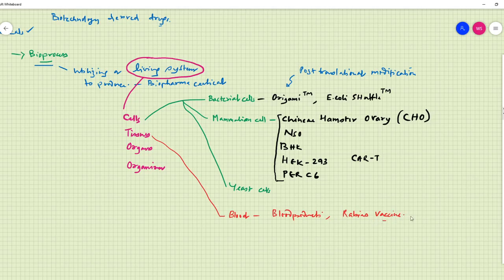Okay, that's produced in a horse. So again, the blood would contain the antibody, and it would be separated from the horse's blood. So yes, blood is a tissue. So tissues can be used to produce biopharmaceuticals.